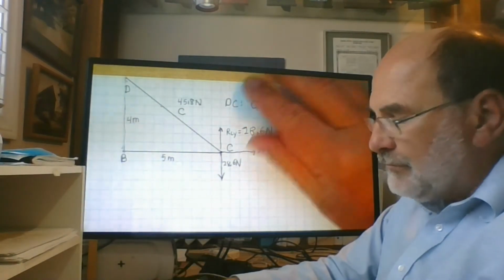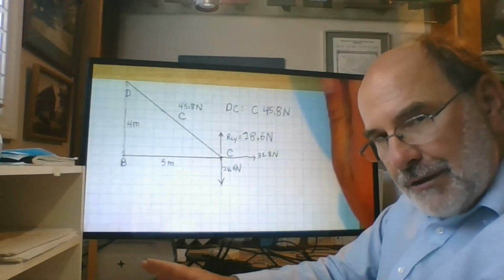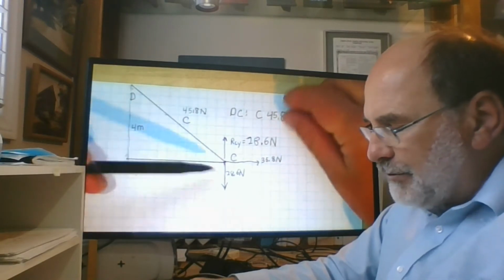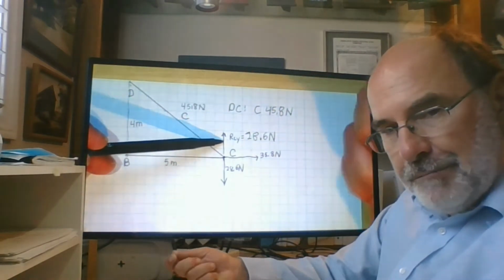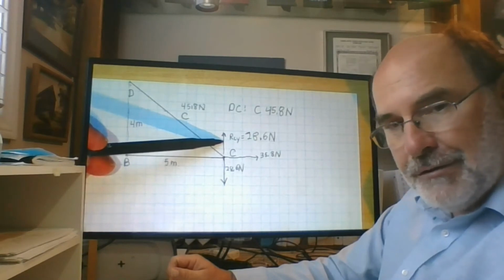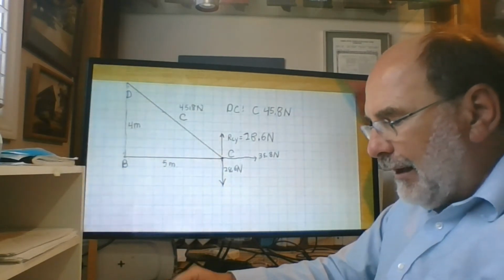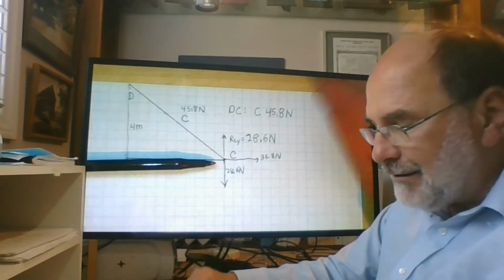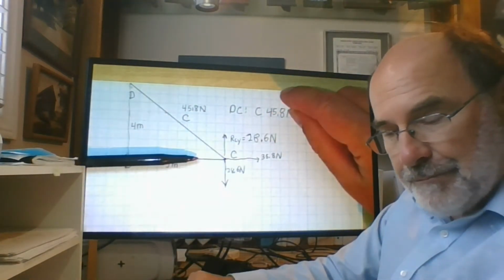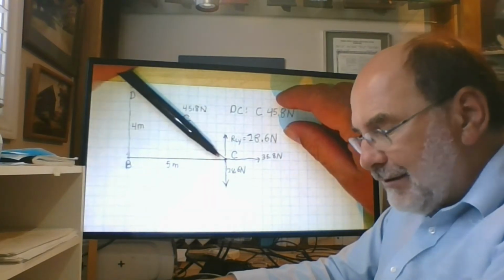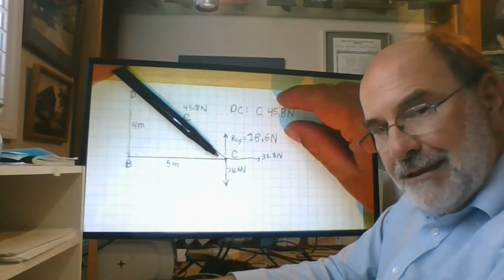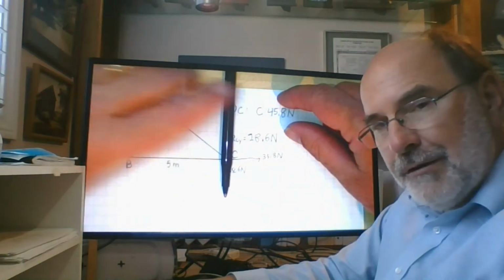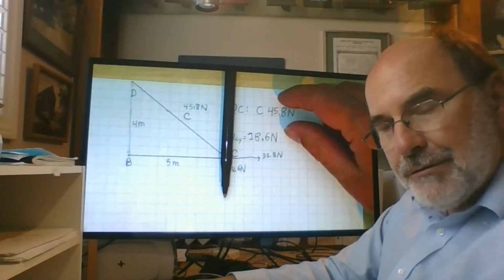Here, I redrew it, focusing just on point C and the two trusses connecting to it. I drew the reaction force of the roller pushing up at 28.6 newtons at point C, and realized that truss BC can't do anything to cancel it because it's purely horizontal. So diagonal truss DC must have a vertical component downward of 28.6 newtons.